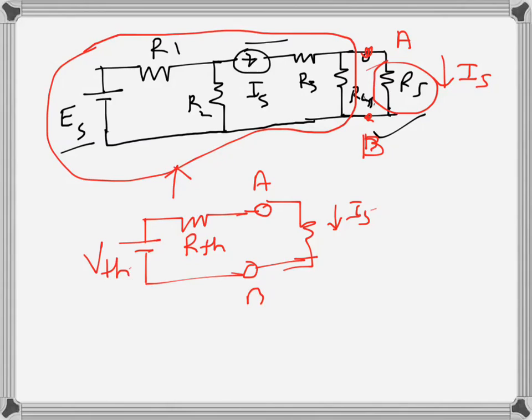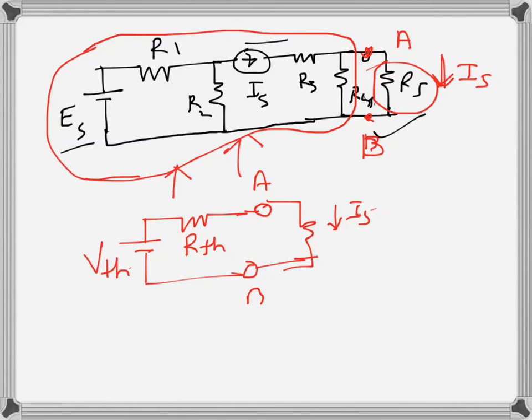So let's say we are just interested in the current of this branch, I5, and we are not interested in any other currents or voltages, so we can replace the whole remaining part by Thevenin's theorem.